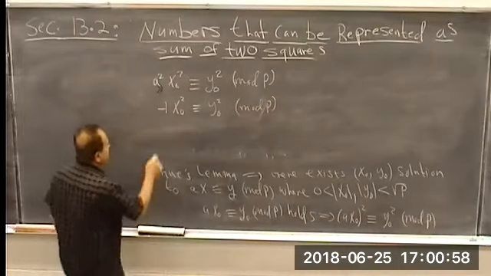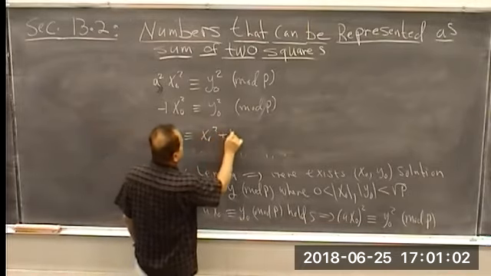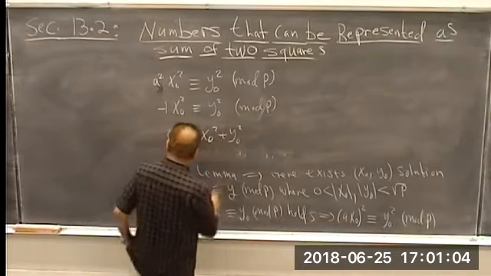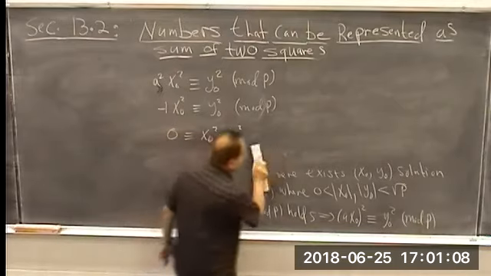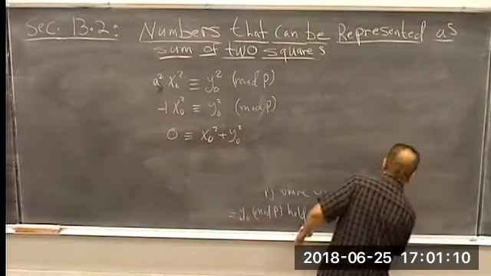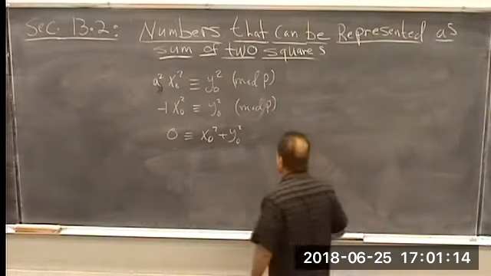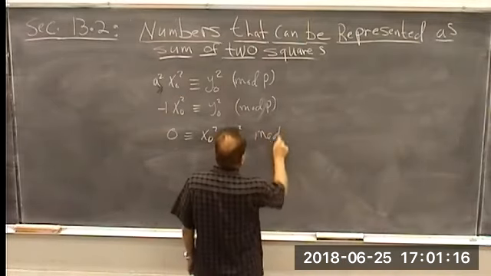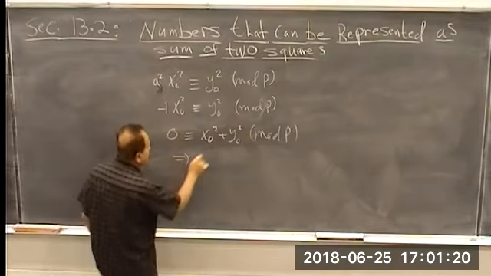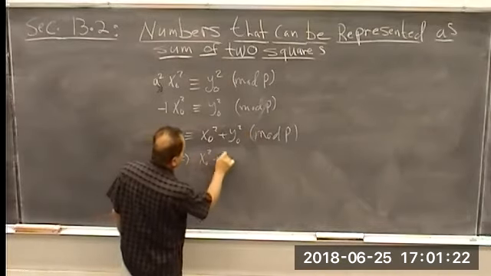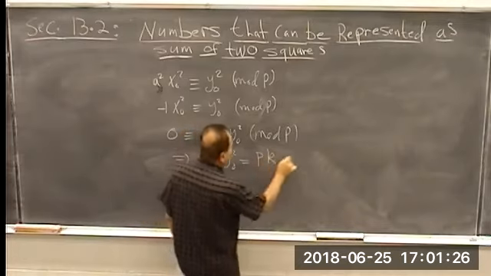And this means that 0 is congruent to x sub 0 squared plus y sub 0 squared mod p. And this implies that x sub 0 squared plus y sub 0 squared is equal to p times m for some m.